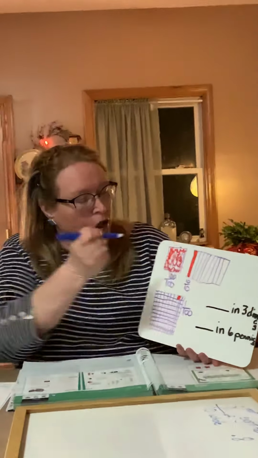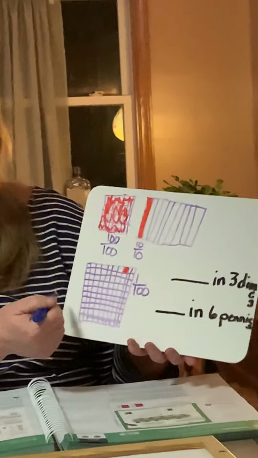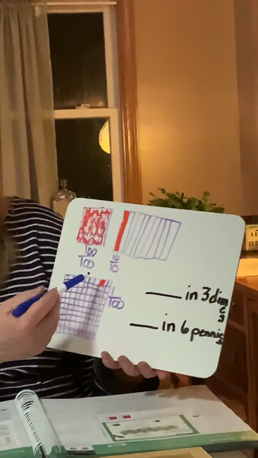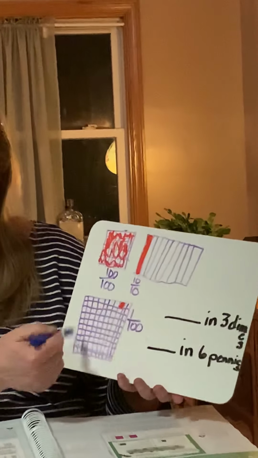When you start looking at your assignment and your problems, you're going to be seeing 100 boxes. Now, 100 boxes just means it's a 10 times 10, which means there are 100 boxes in there.